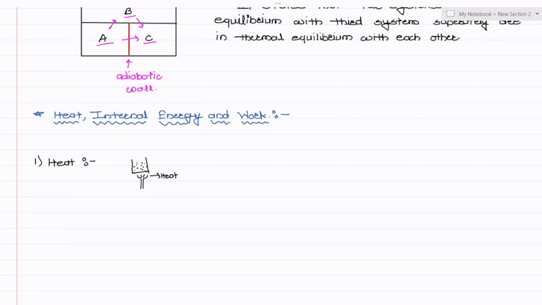Means what? Heat given to the system. Heat means transfer of thermal energy, which is transferred by this burner. The burner transfers thermal energy to the water. So water gets heated, its thermal energy is increased and it starts boiling.